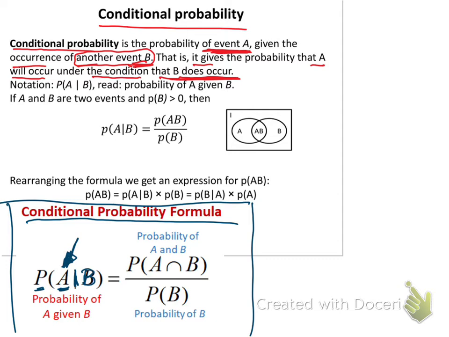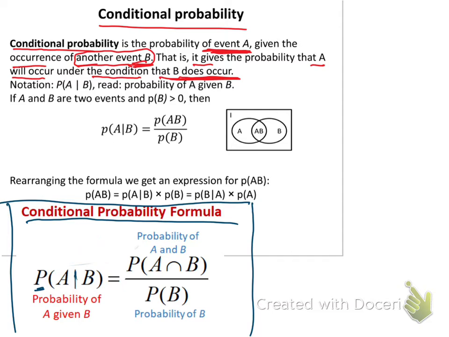Okay, so the probability of A given that B already occurred. So probability of A given B equals the probability of the first one, A intersect B, divided by the given one, the probability of B. Okay?